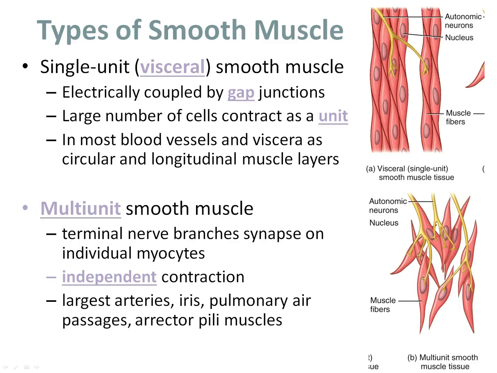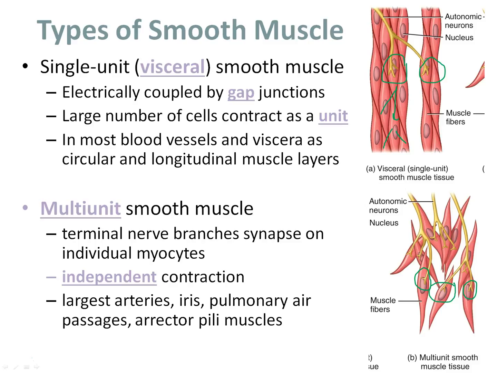So you can see that up here on the single unit, we have a nerve fiber on just some of those myocytes. And then we're going to transfer the signal through the different muscle cells in order to communicate and have all of those cells contract as a unit. Down here on the bottom, we have a nerve fiber that connects to every single myocyte. So that's multi-unit smooth muscle.